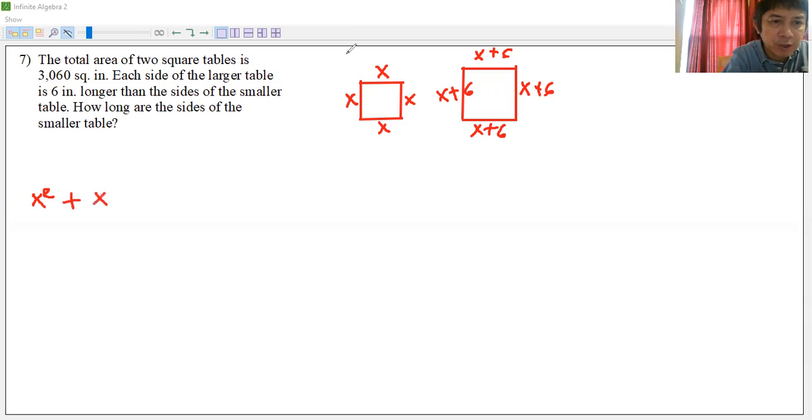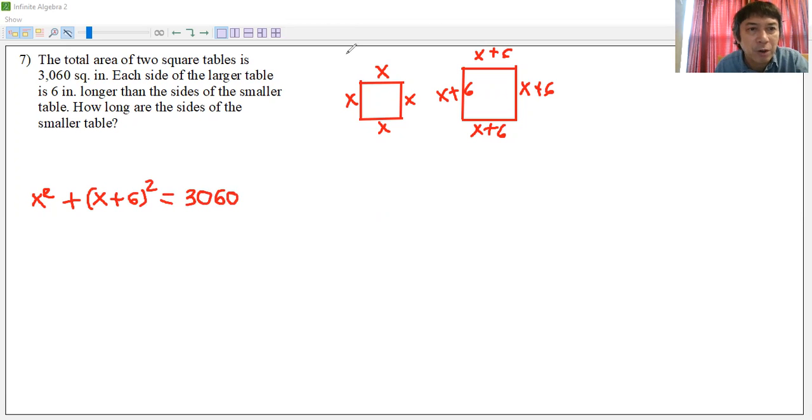That will be x plus 6, also squared, okay? Like that. X plus 6 squared, okay? X plus 6 times x plus 6. All right, that will be representing the area of the smaller and the larger. Now the total of the area is 3060. This equates to 3060, and this will be in square inches.